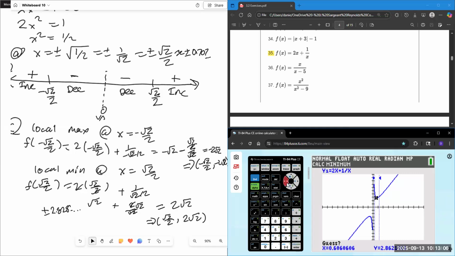And then it's approximately right there. And there's our positive root 2 over 2 and our positive 2 root 2 approximations for those values. So your calculator is not going to give you exact values for x and y when you use this feature, which is why you do this last as a check after you've already done the algebra.